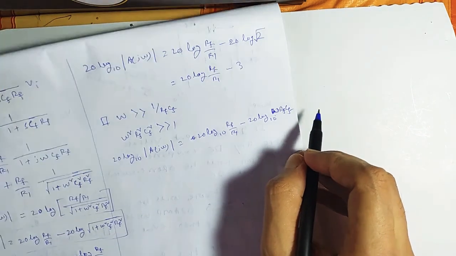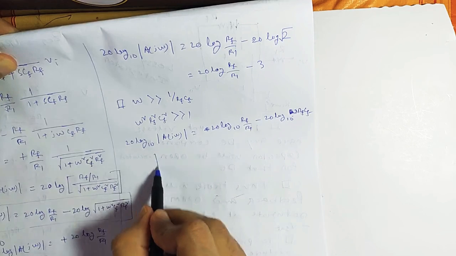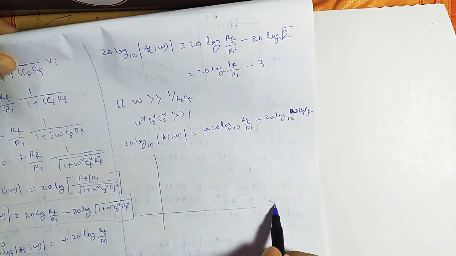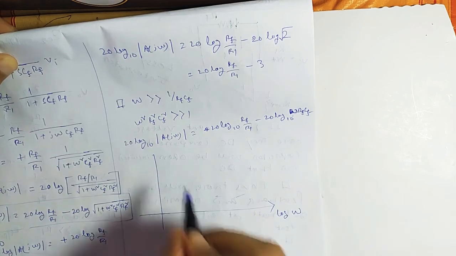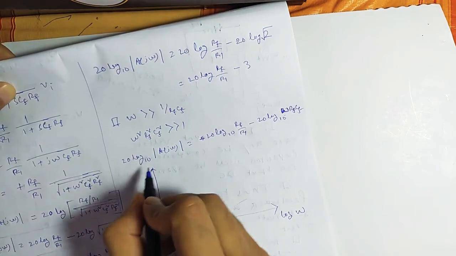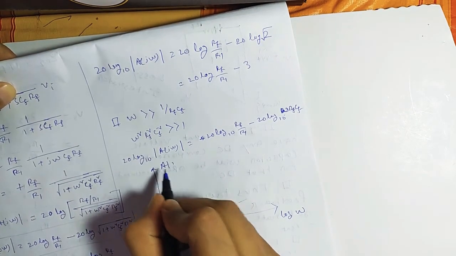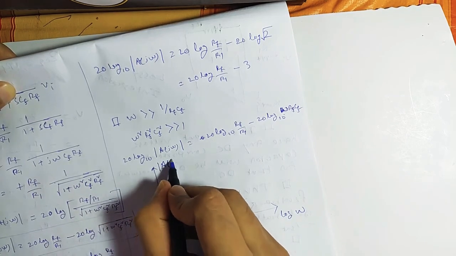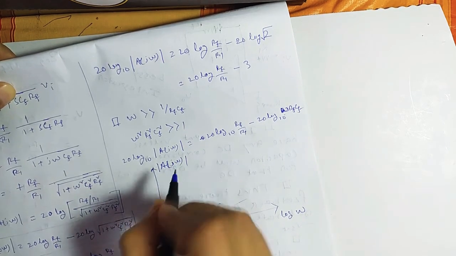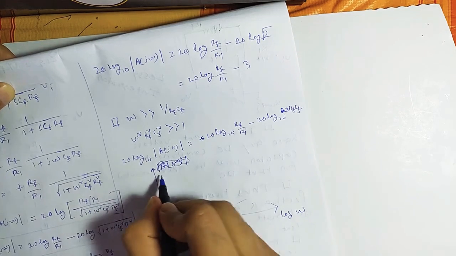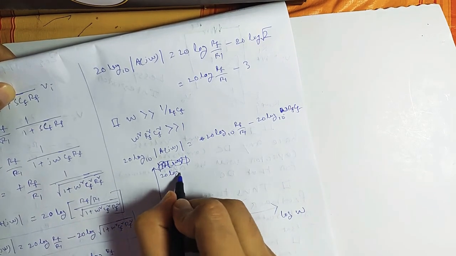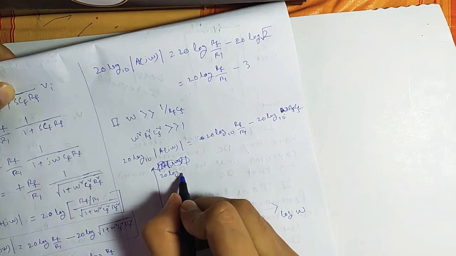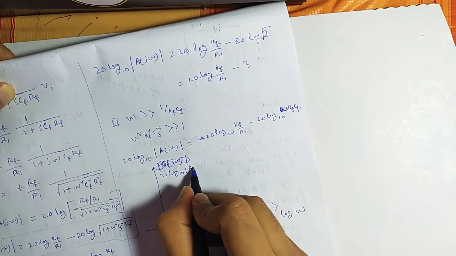Now if I plot this whole thing, consider this axis log omega, and the y axis is 20 log 10 of the absolute value of A of j omega.